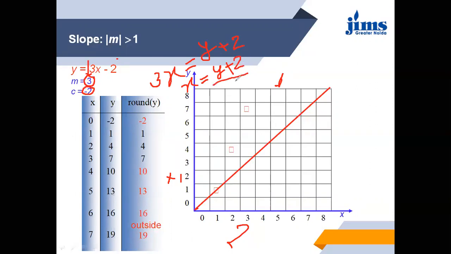And what is 3? 3 is m. So in this case, we are dividing by m.